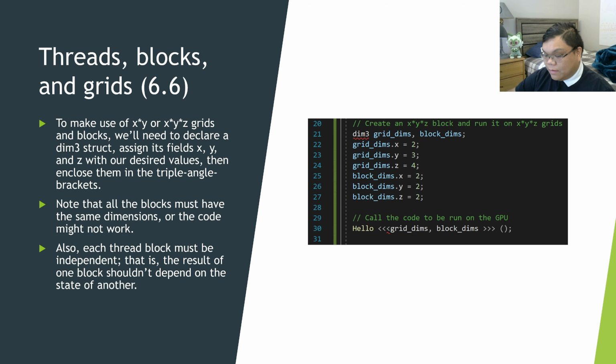Also, there are varying numbers of maximum block and grid dimensions. For further information, see the appendix on compute capabilities in the CUDA C++ programming guide. There's an appendix in the book.